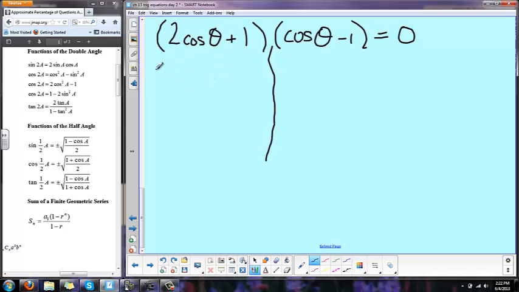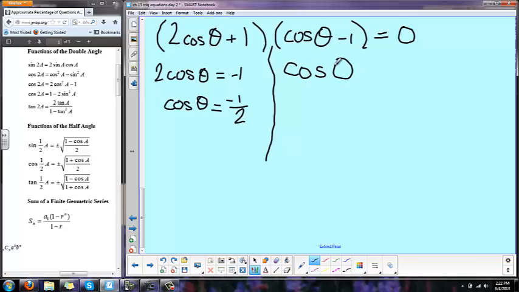So let's see. 2 cosine theta is equal to -1. So cosine theta is equal to -1/2. And then cosine theta is equal to +1 as well.